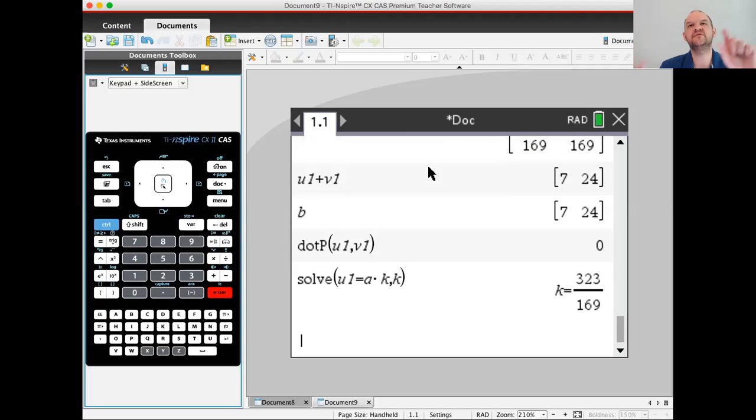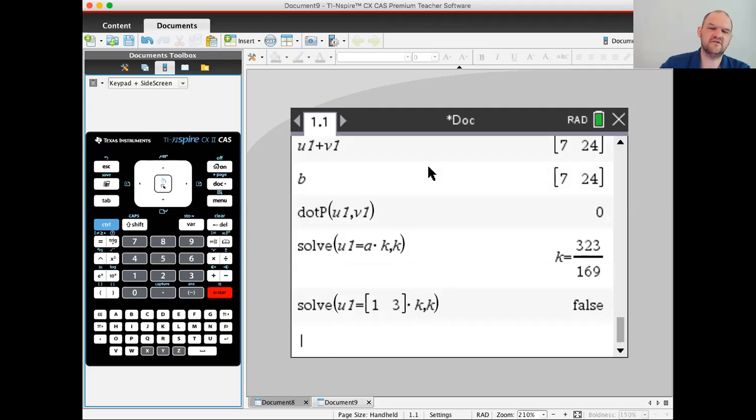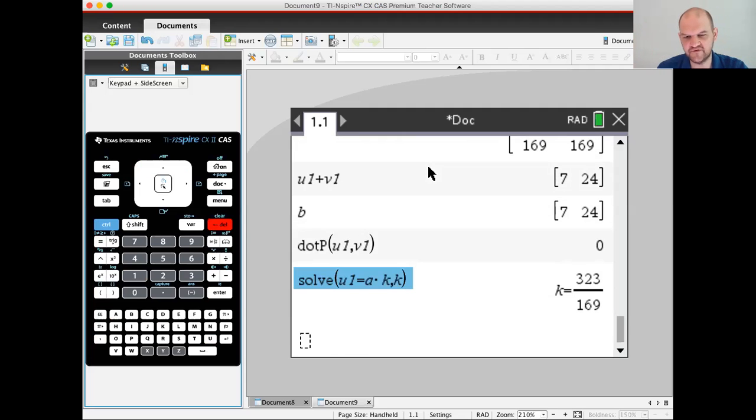I didn't know what it was going to do if they're not the same. I assume it's going to give me an error. Let's see, like 1, 3. There shouldn't be a value of K. False. Yes, there you go. So since it was able to find it, you know that if you multiply A by 323 over 169, you will get U1. That's kind of neat.